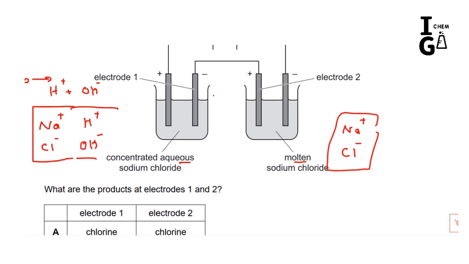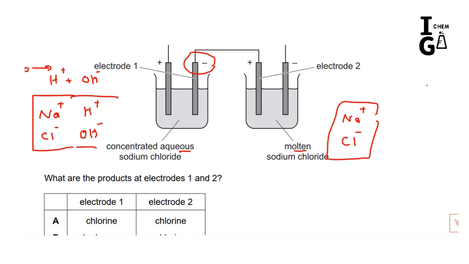Let's check electrode 1. You know guys, negative means this is the cathode, and this is aqueous. The cathode will attract a positive species, not negative, because opposite charges attract each other. So this negative should attract Na or H. So what is the rule in this case? We have to memorize the order of the reactivity series.